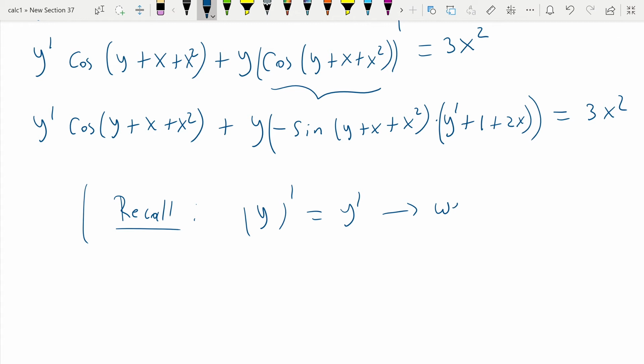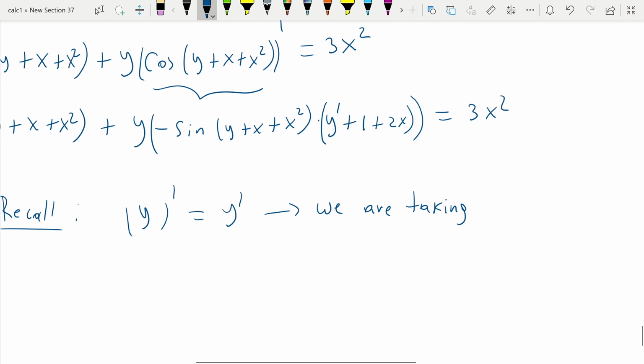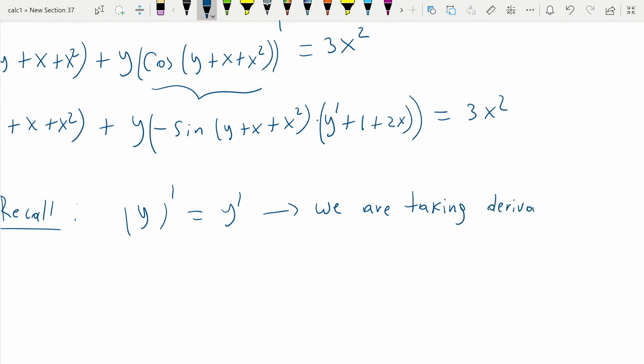We are taking the derivative with respect to x, not y. That's the whole point. I mean, we're assuming that y is some f of x, and we're differentiating everything with respect to x.